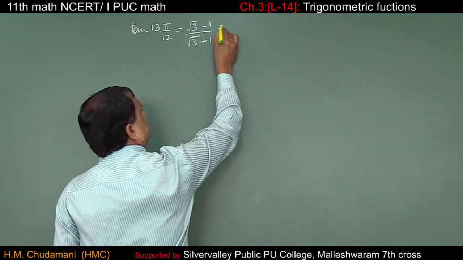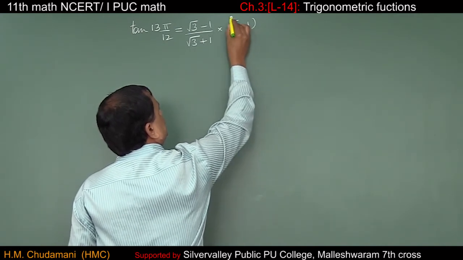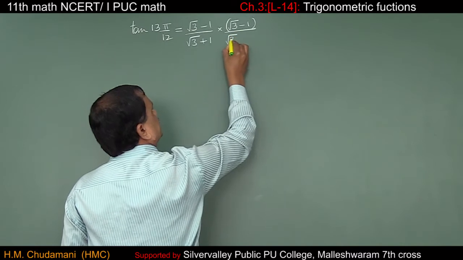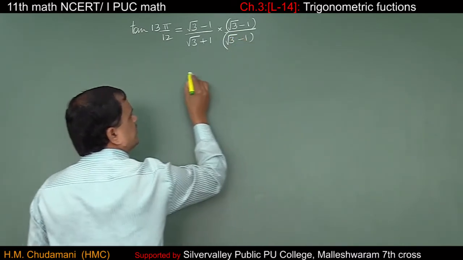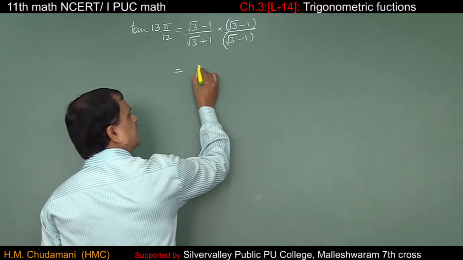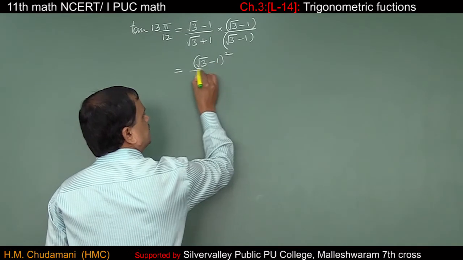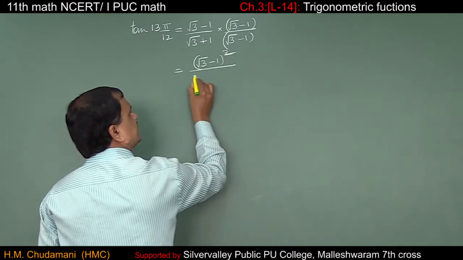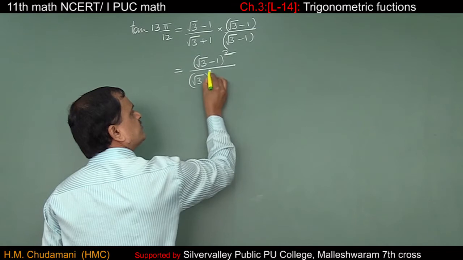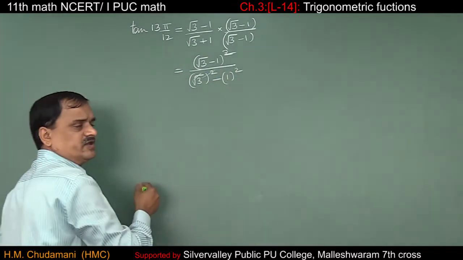So I just multiply and divide by root 3 minus 1. The numerator is of the form a minus b the whole square, and the denominator is a plus b into a minus b, which is a square minus b square.